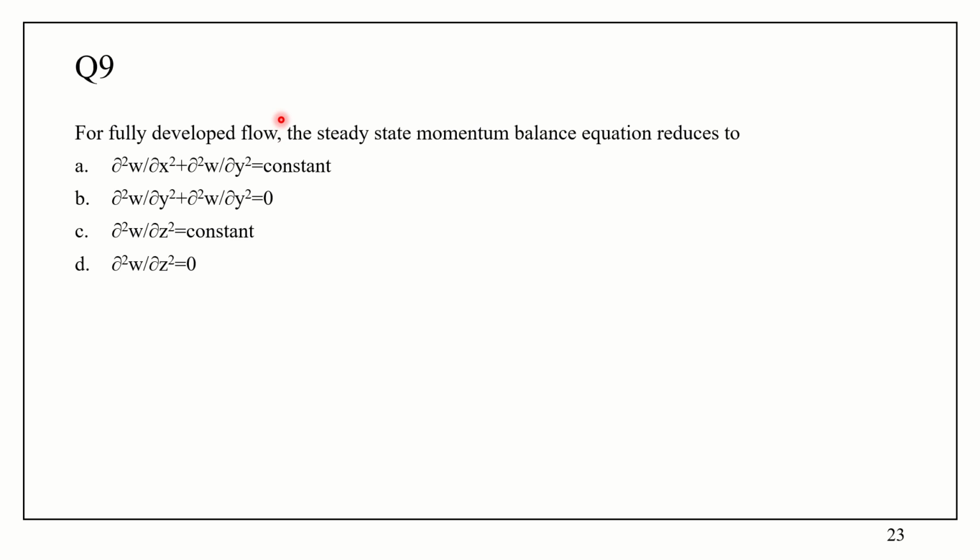So only in steady state we can cancel out ∂W/∂t and everything. So I hope it is clear. So ninth question answer is option A. Sorry, option A is the correct answer.